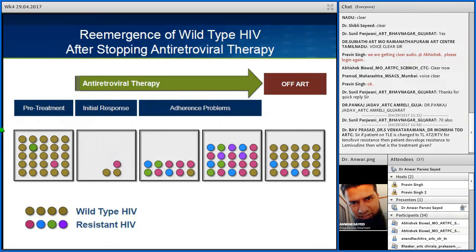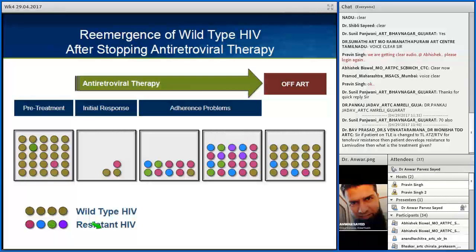Now this has been beautifully explained by the UW faculty in the lecture. And this is the emergence of wild type HIV after stopping antiretroviral therapy. I told you what wild type means. Wild type virus is the original clone, that is the original virus, which has a defined amino acid sequence that is labeled in brown.